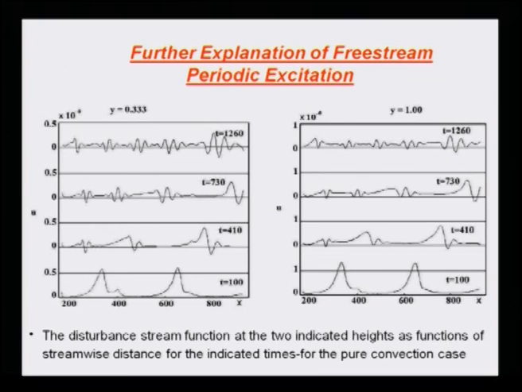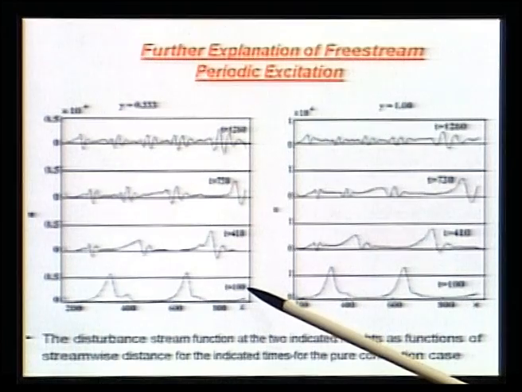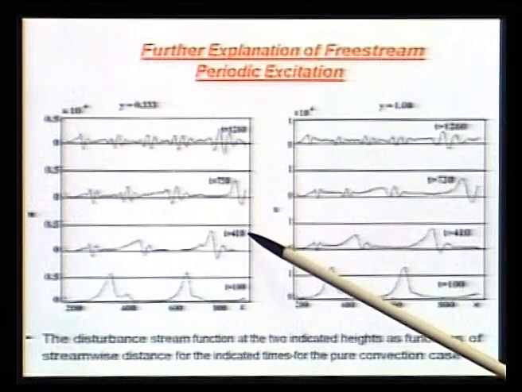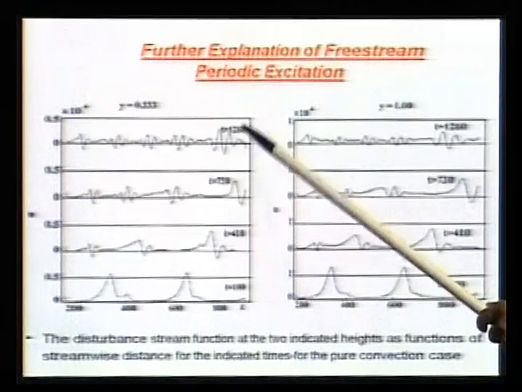We did talk about the role of Vg and how this affects. Let me show you a little more about the case. Here we have purposely chosen the case of c equal to 1 and shown the solution at y equal to delta star by 3 and y equal to delta star, with snapshots at 4 instances: t equal to 100, 410, 730 and 1260.